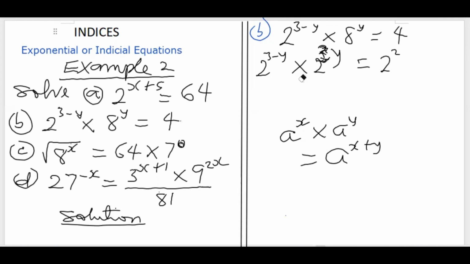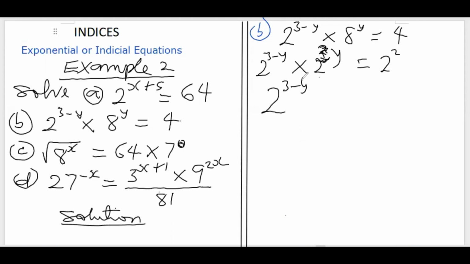So that's what we want to apply there. We'll get 2 to the power of 3 minus y plus 3y equals 2 to the power of 2. Since the bases are equal on both sides and just one base on each side, you can equate the powers now.